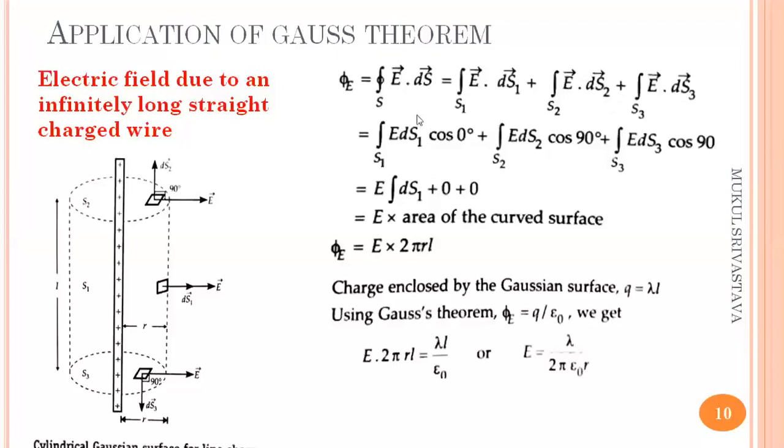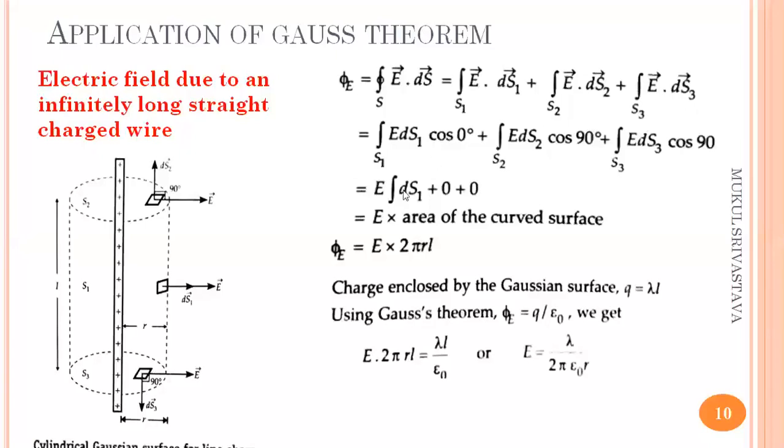ds3. Now the angle between E and ds1 vector is 0 degrees. In case of S2, it is E dot ds2 and the angle between these vectors is 90 degrees, so it becomes 0. Again for S3, E dot ds3 gives E ds3 cos 90 degrees, and again it becomes 0.